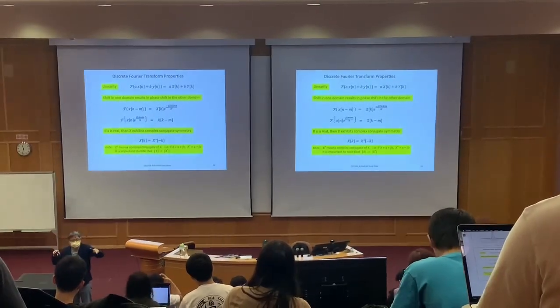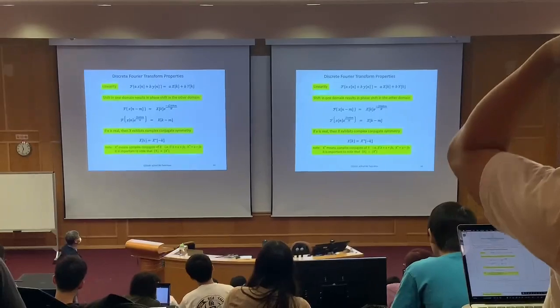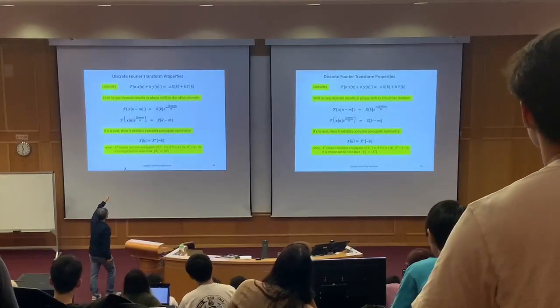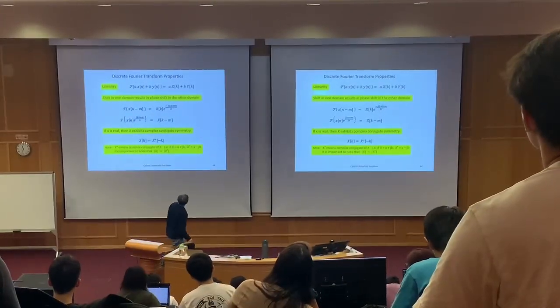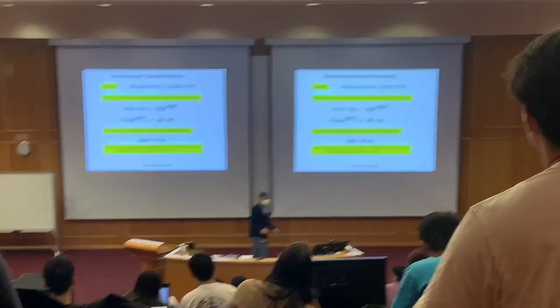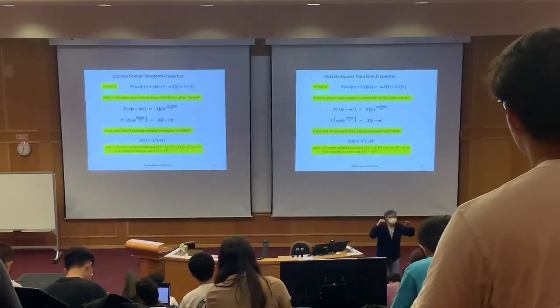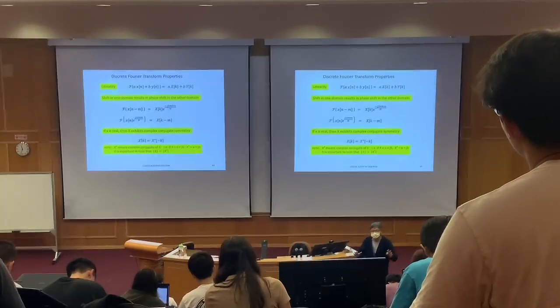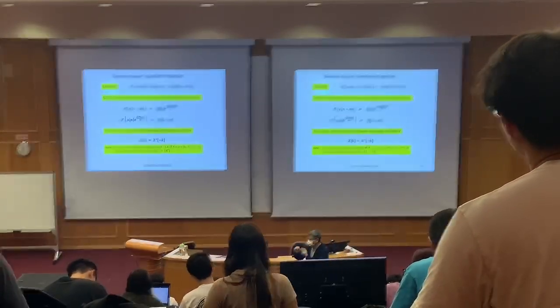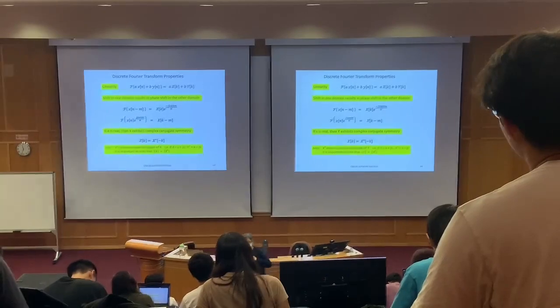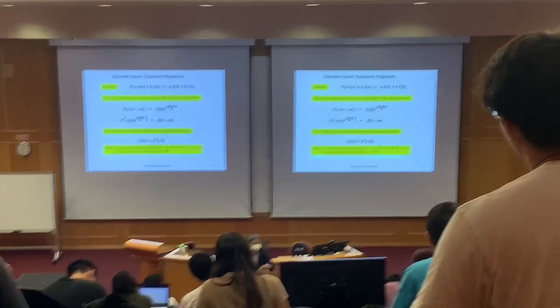Okay? So this is known as what? Linearity. That's what the first equation says. Okay, linearity. That means you can give me a lot of sound, I just do one Fourier transform, and I can know all the frequency components of your combined sound. You just add them up together, understand?